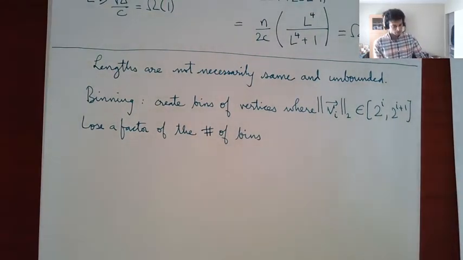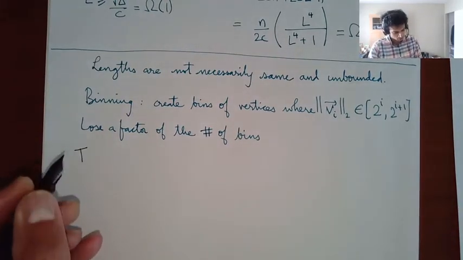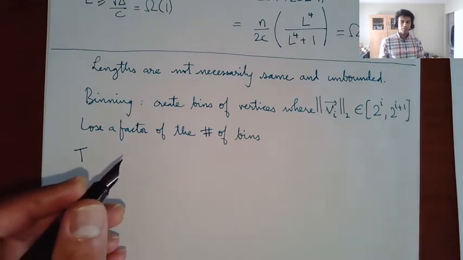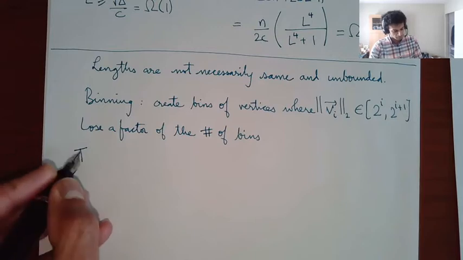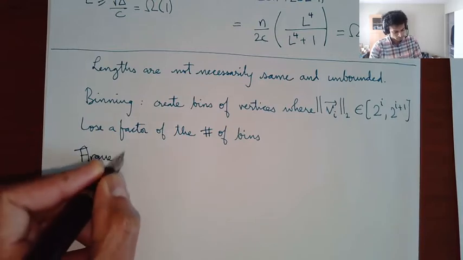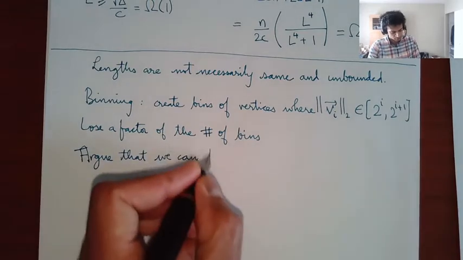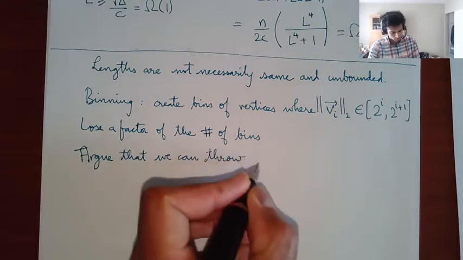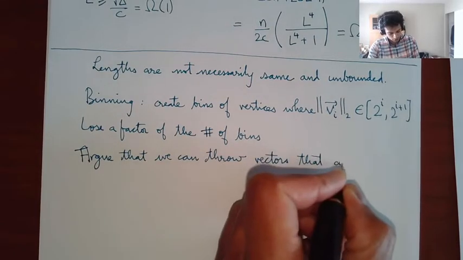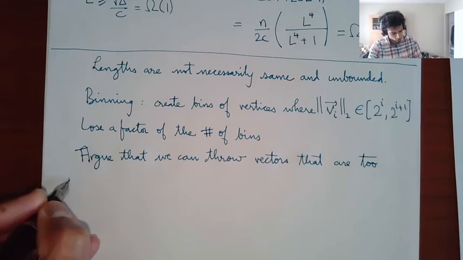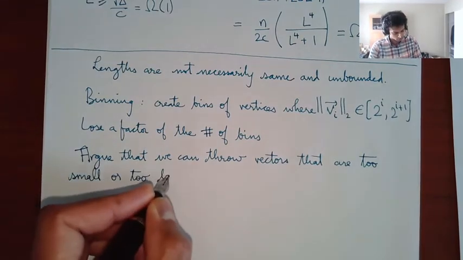So to deal with this, what you have to do is argue that we can throw away vectors that are too small or too large.